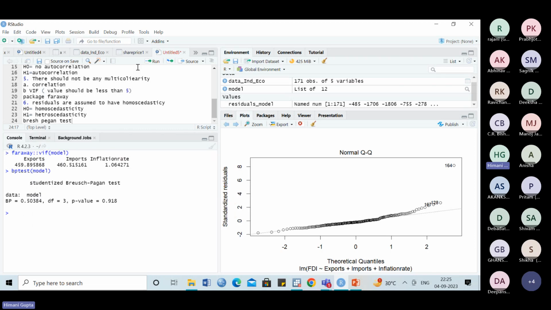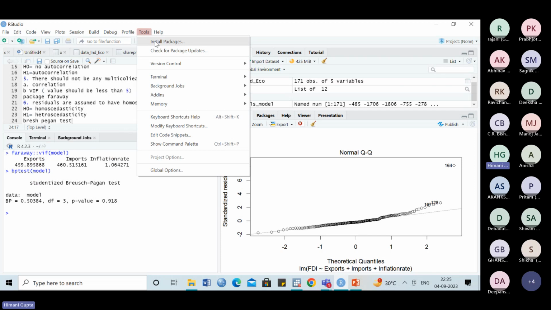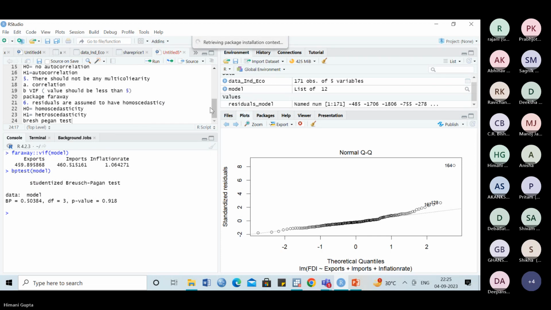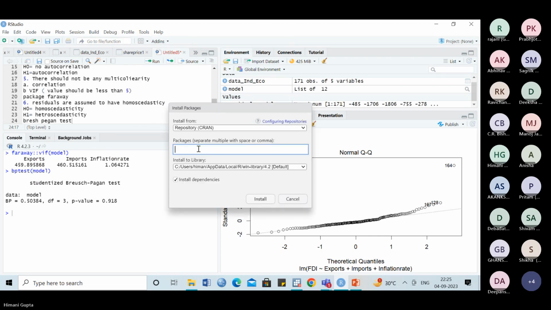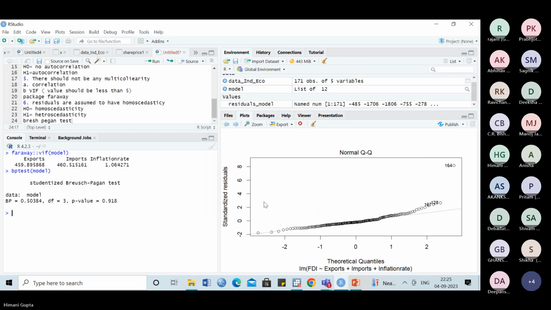What you can do is just install the package. This is a package to check your skedasticity, whether there is homoscedasticity or heteroscedasticity.